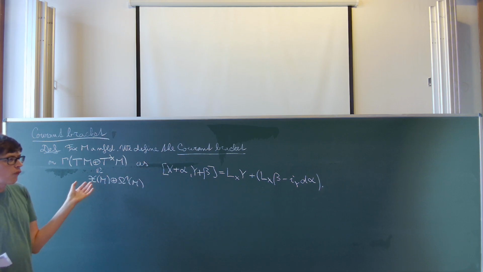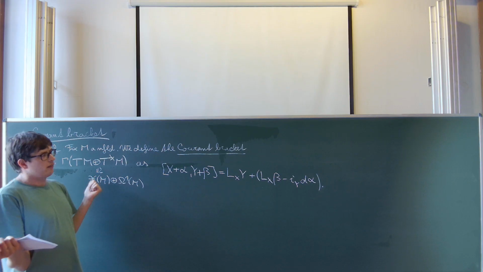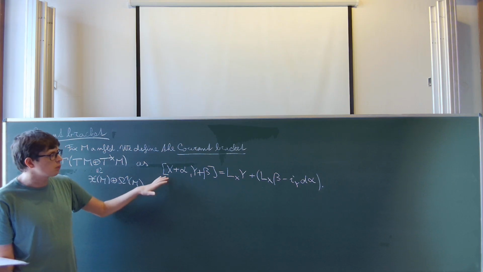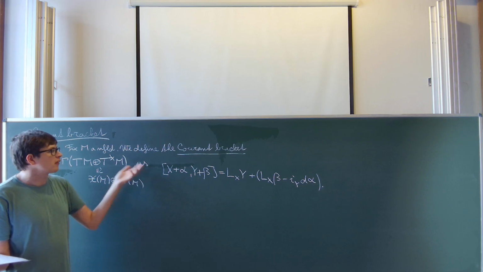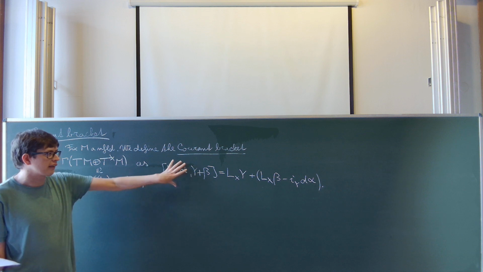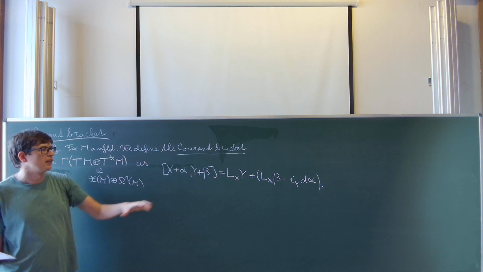But I will argue, first of all, you'll never see the antisymmetrized version of that bracket ever. So we will always work with this one, and hence there is not really a reason to call it differently than Courant, because this is the thing that will give us a Courant algebroid later on.